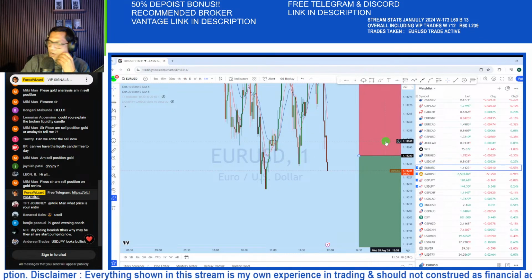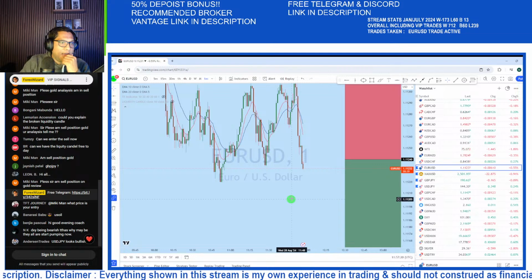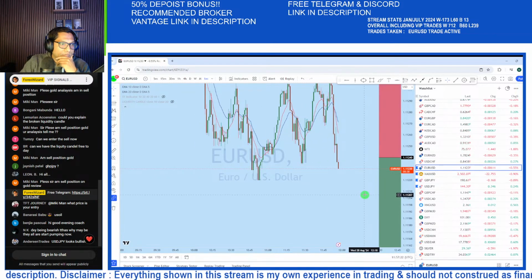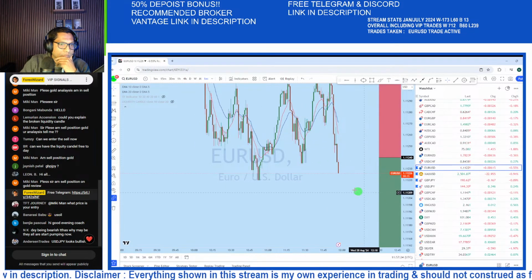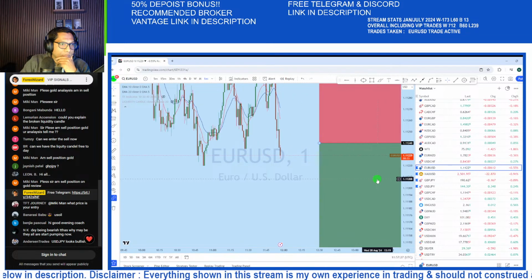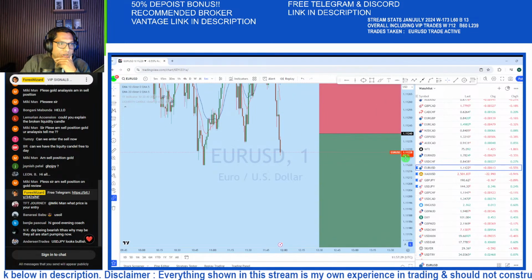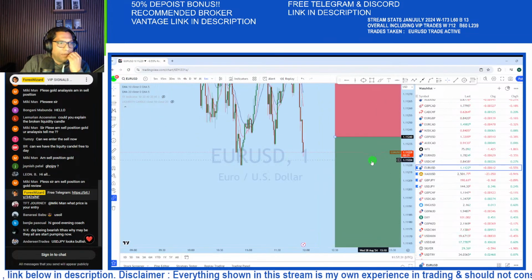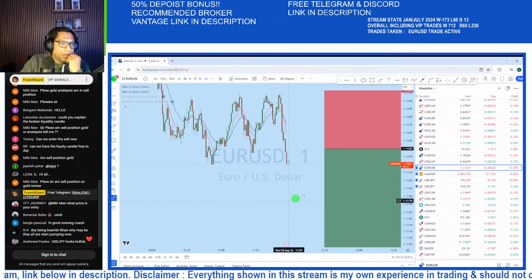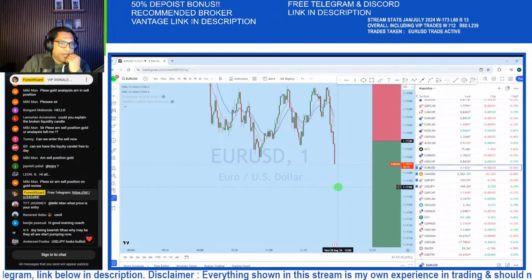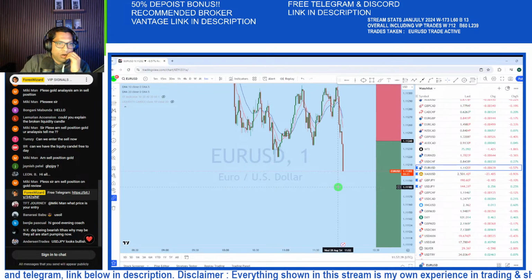Okay, we are in the profit area, and this trade I won't take very long because we see that break of support in the profit area, euro dollar.